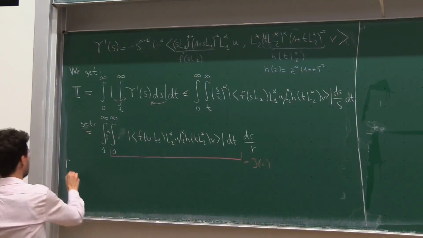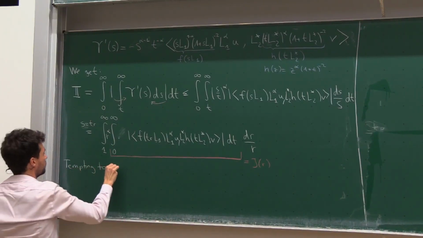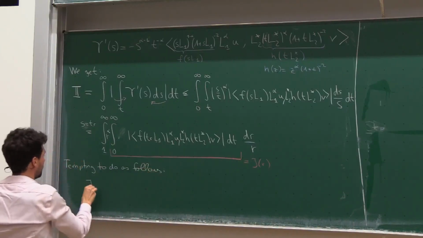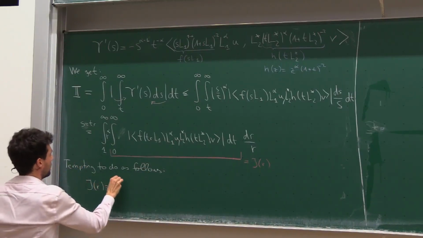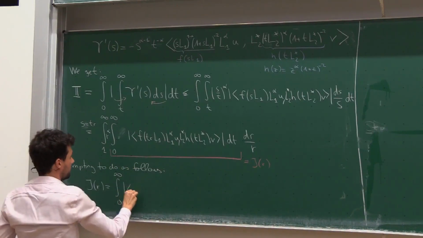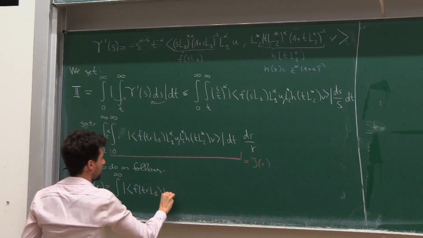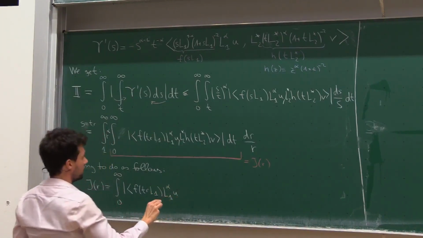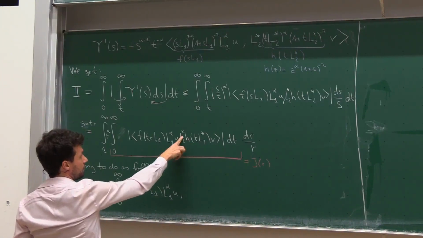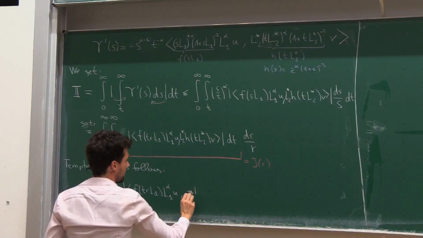Okay, and it's tempting to do as follows. I'm going to write J of R as the integral from 0 to infinity. I leave the first factor where it is. So this is f of TR, L1 applied to L1 to the alpha U. And then the second factor, I'm moving this thing together and make a new auxiliary function.